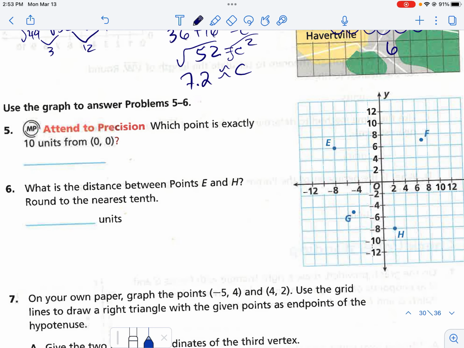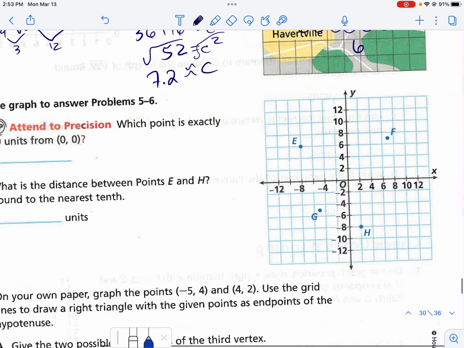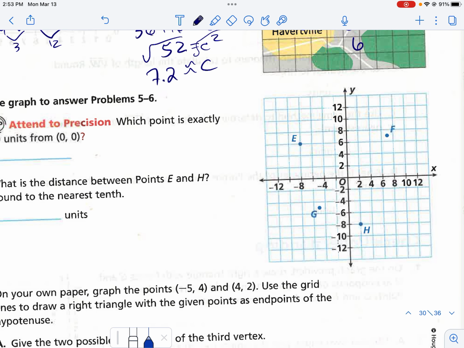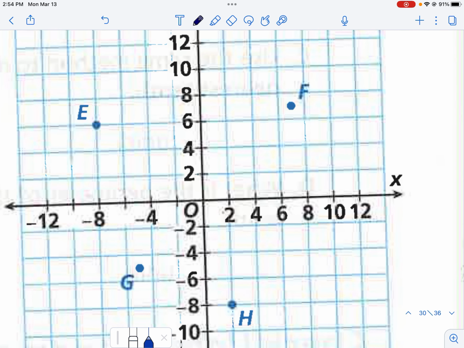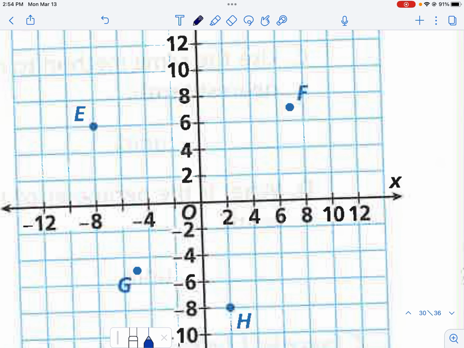This next one, it says, which point is exactly 10 units from 0, 0? Well, I don't know. Which one is 10 units from 0, 0? Well, let's see. If I did F, this is from 0 to 7, from 0 to 7.